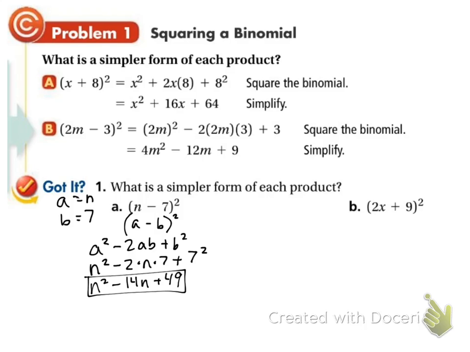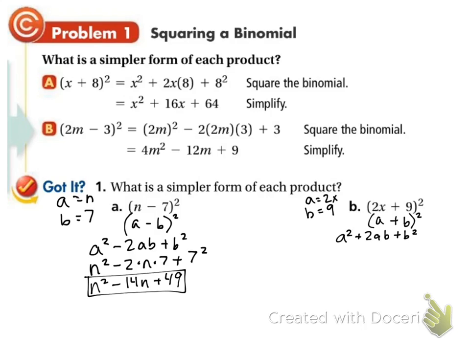So you could skip the distributive method, or the square method, or the FOIL method, and do this instead. These are shortcuts. Yes, you can still do it the long way, this is just going to be quicker. Now this one, a plus b squared. In this case, our a is 2x and our b is 9. Our general form is a squared plus 2ab plus b squared.